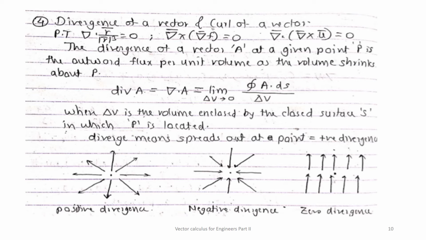So how to find it: integration of A dot ds divided by delta V when delta V tends to 0 but not equal to 0, so it's a point charge. Here delta V is the volume enclosed by the closed surface S in which P is located. Using the diagram you will come to know what the divergence is.